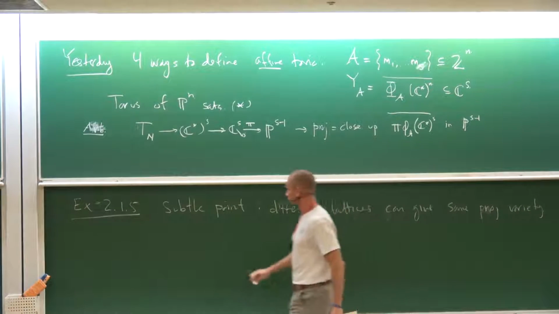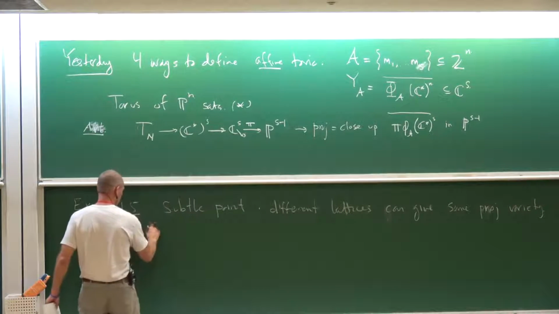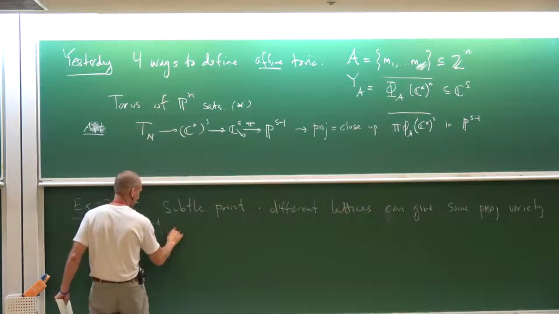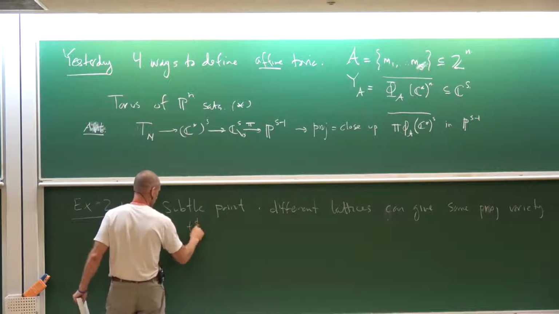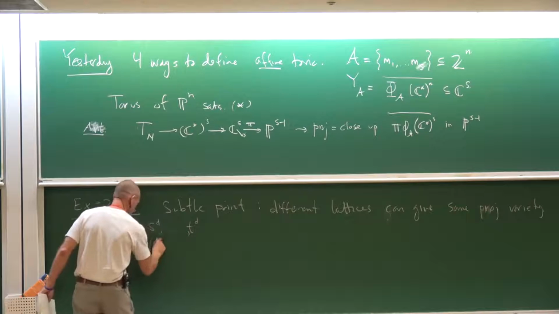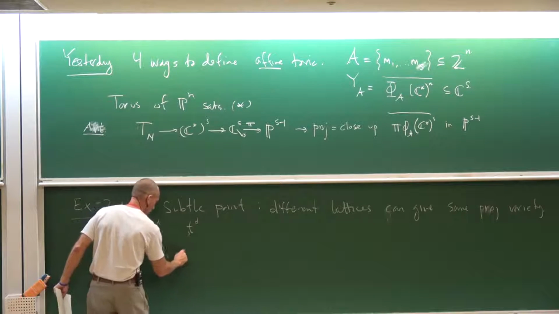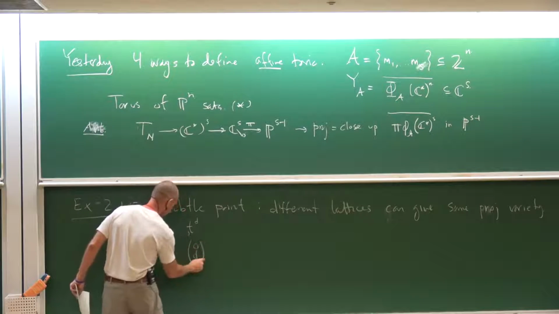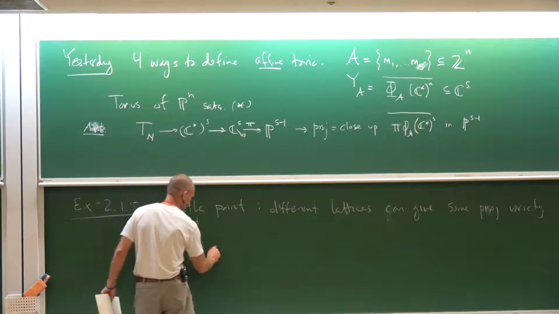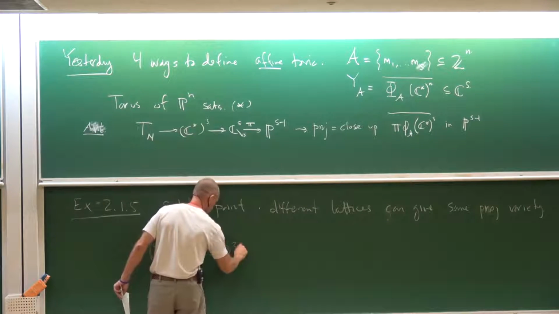So the first one we've seen before. If we look at S to the D, T to the D, which correspond to lattice points (D,0), (0,D). Everything else is in here, which is contained in Z^2.